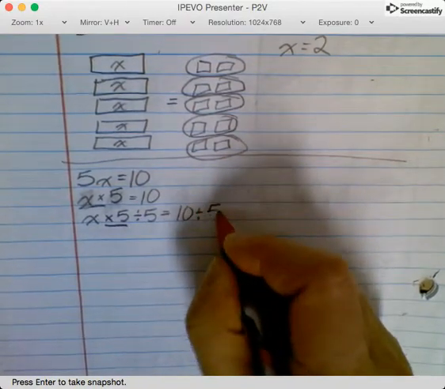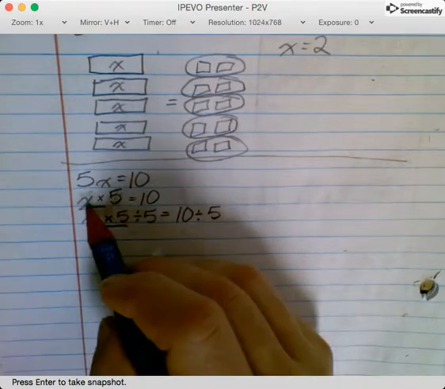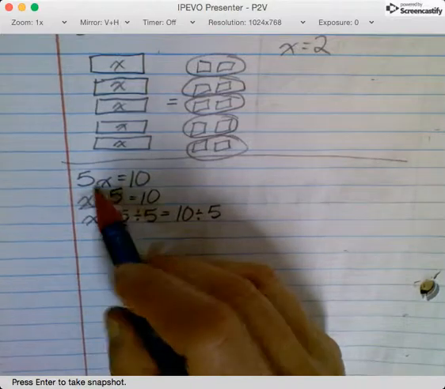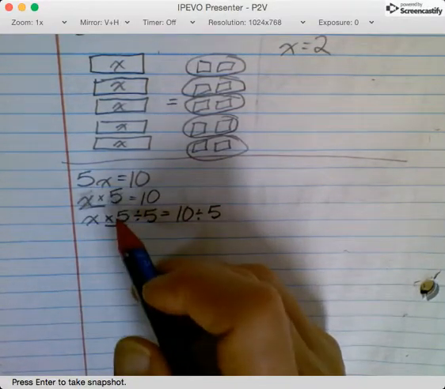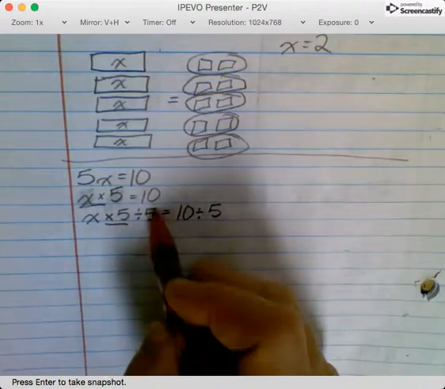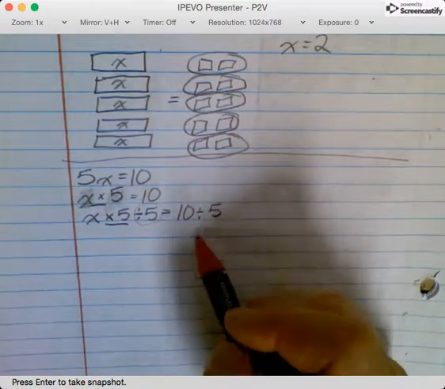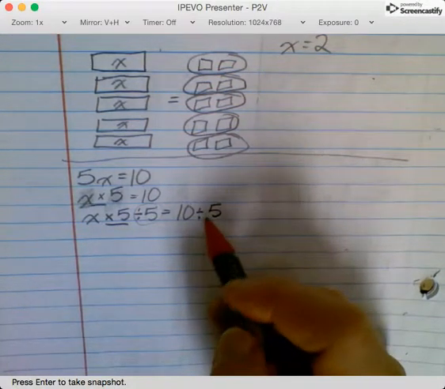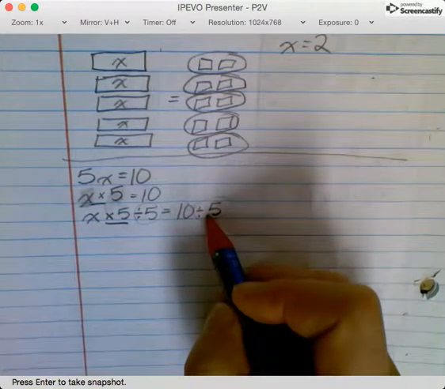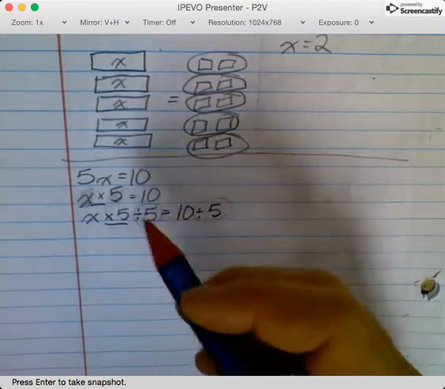You remember when you do multiplication, you can do multiplication in any order. So 5x and x times 5 are the same. That's why I rewrote it in a different order, just so that it makes a little more sense to you guys. Notice that I put the division on both sides, because that's what I added to the equation.